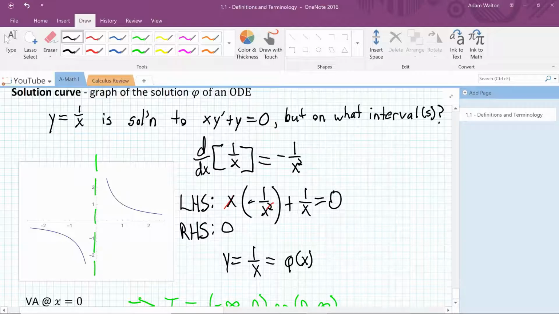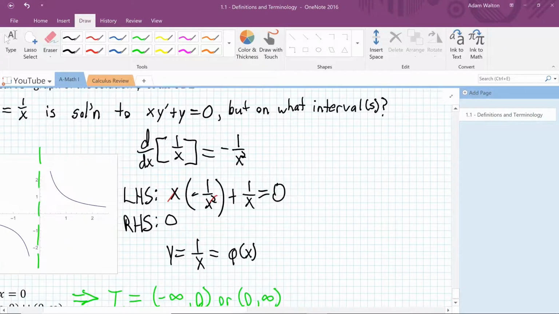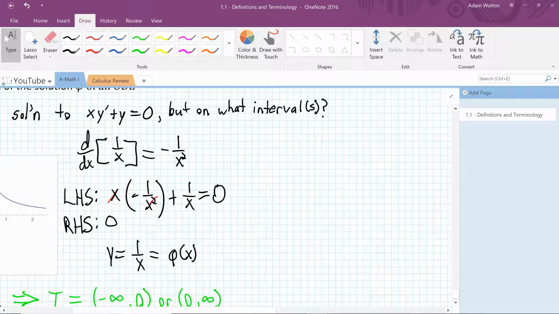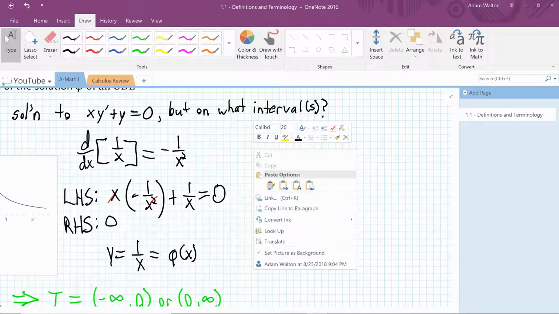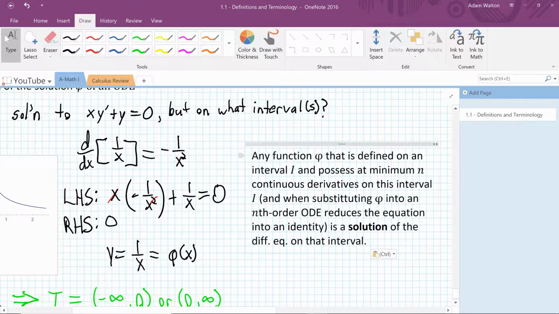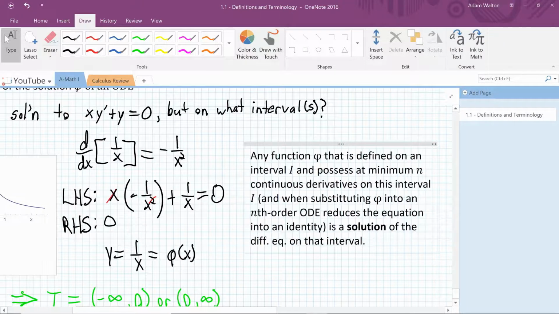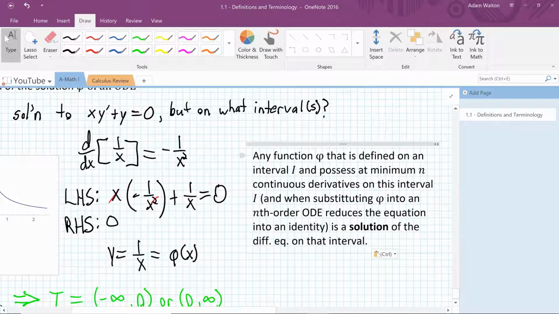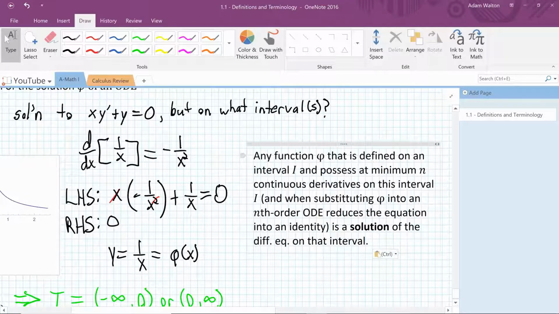And another thing to consider too, let's actually get our definition back here. Any function phi that is defined on an interval I, and again, it's defined on either negative infinity to 0 or 0 to infinity, and possesses at minimum n continuous derivatives on this interval. So here n is equal to 1 from y prime.